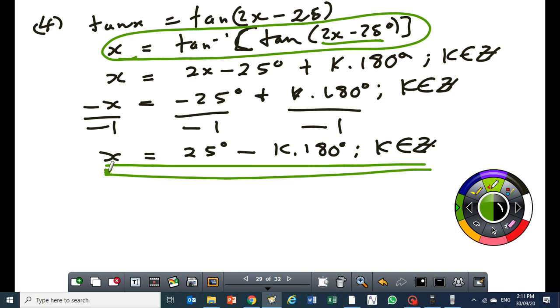Are you following? So make sure you are very careful, pay attention how you move from the original trig equation to this step here. If you want, you can write this step, just to make things easier for yourself.